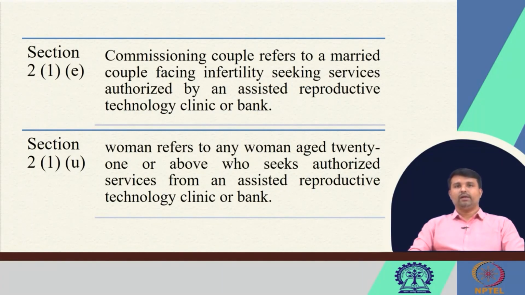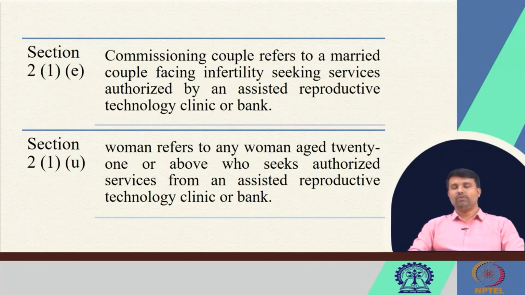Section 2(1)(e) speaks about commissioning couple. Commissioning couple refers to a married couple facing infertility seeking services authorized by an assisted reproductive technology clinic or bank. So, the persons or the couple who are seeking the reproductive services will be called commissioning couple under the Act. Section 2(1)(u) deals with woman.